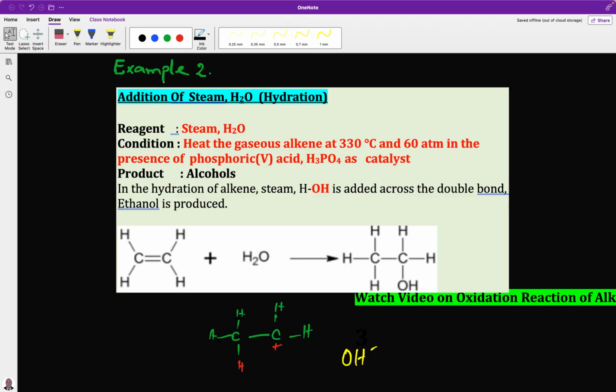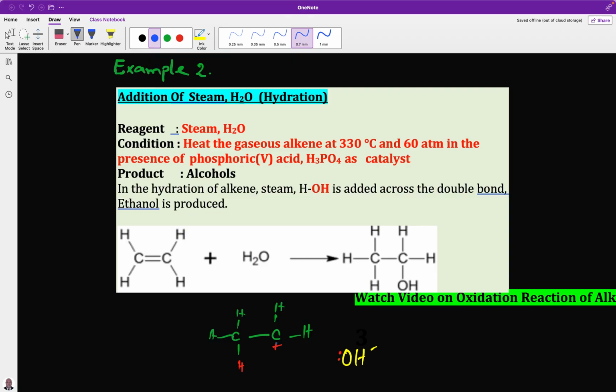The OH has a lone pair of electrons on the oxygen. As we said, electrophiles are electron pair acceptors. This one is now acting like an electrophile too. So what happens? There will be an attack here by the OH. As it is attacking this positively charged carbon, what happens? A lone pair of electrons here is donated to this carbon.